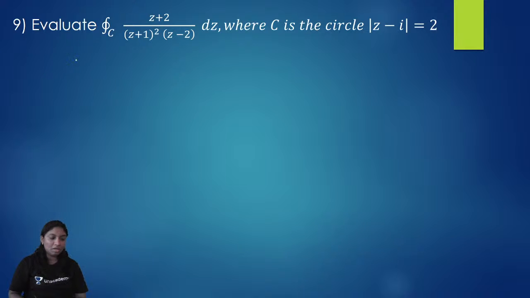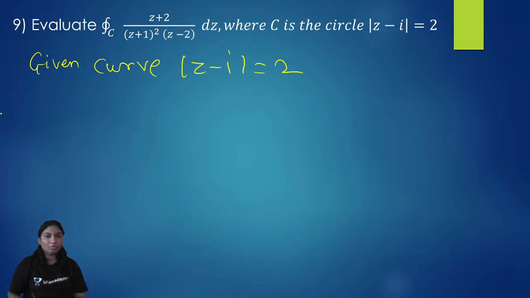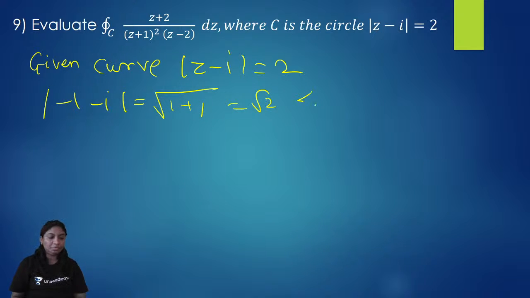So for the given curve, mod of z minus i is equal to 2, and the poles are z is equal to minus 1 and z is equal to 2. For z is equal to minus 1, mod of minus 1 minus i is equal to the square root of 1 plus 1, which is less than 2.